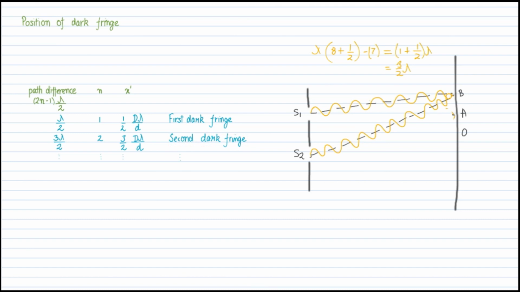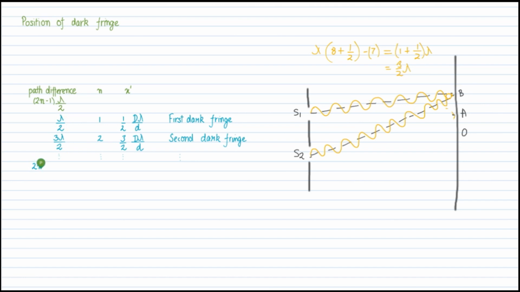If I keep on continuing like this, you will get the dark fringes. But can you look at this pattern and tell me what kind of pattern you are identifying? You will see that they are all odd multiples. To write down the odd multiple, first write down an even multiple, that is 2n.